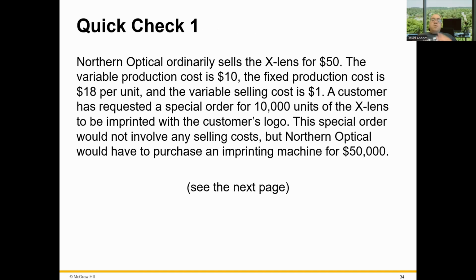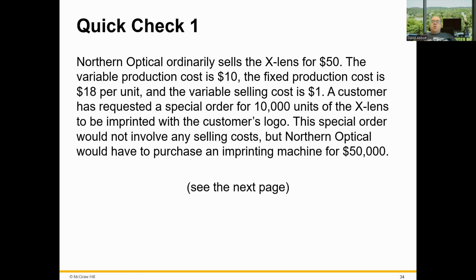Okay, so we'll do a quick check. Northern Optical ordinarily sells the X lenses for $50. The variable production cost is 10. The fixed production cost is $18 per unit, and the variable selling cost is $1. A customer has requested a special order of 10,000 units of the X lenses to be imprinted with the customer logo.